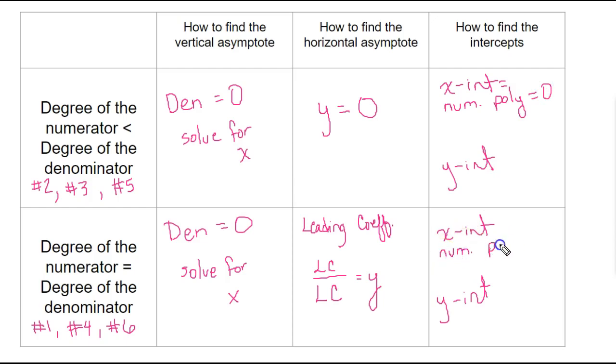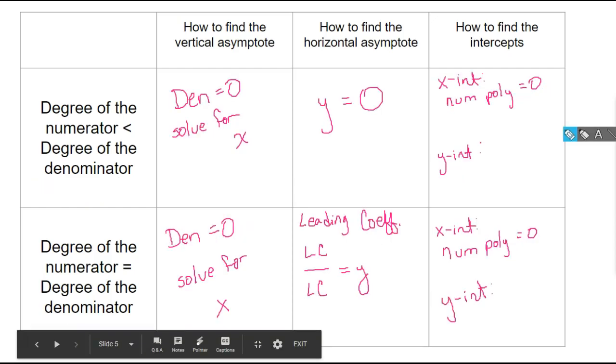And that makes sense, because the only way I can get 0 from a fraction is if the top number of the fraction is 0. I can't divide by 0. And if I take any number and divide it by something else, it's never going to be equal to 0. So whatever that numerator polynomial is, wherever it is equal to 0, that's how I get an x-intercept.